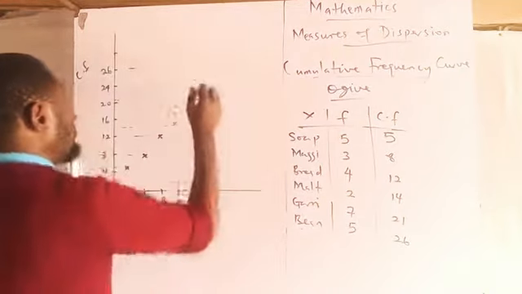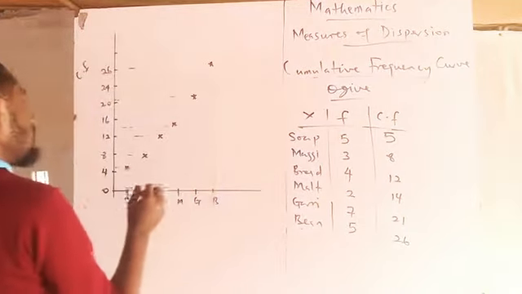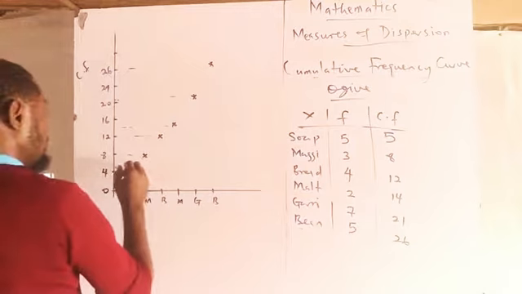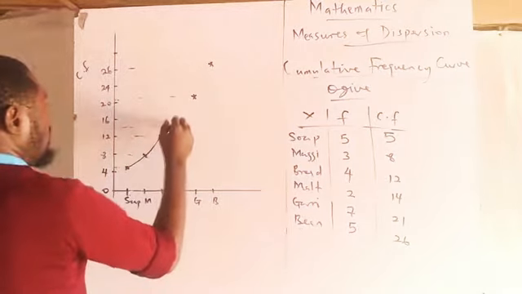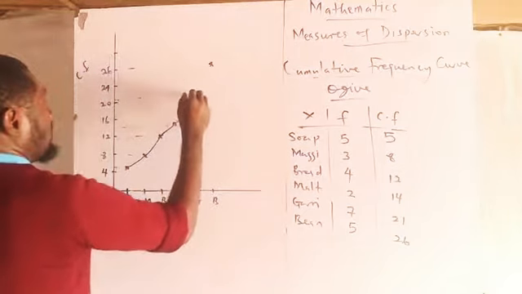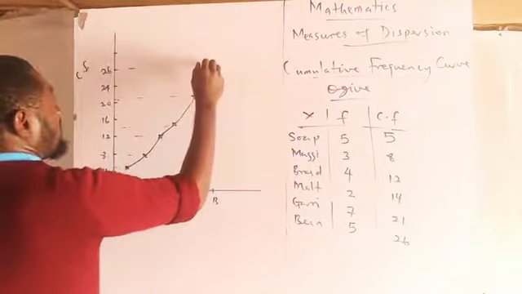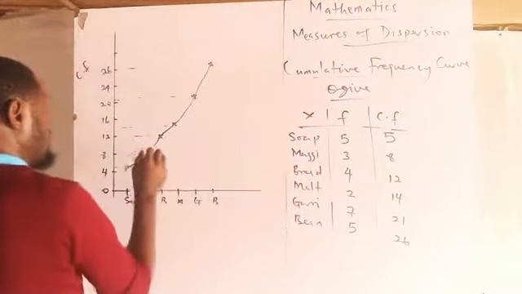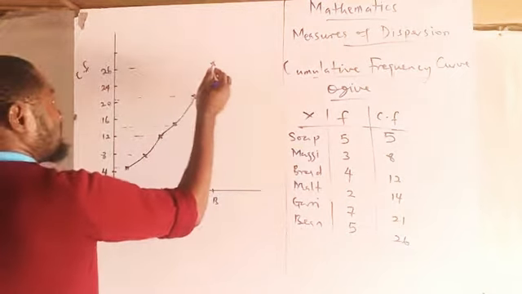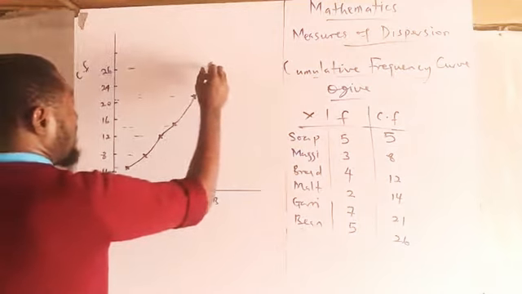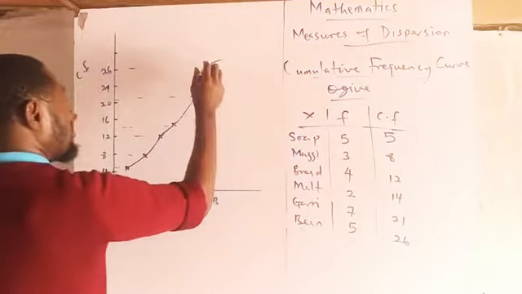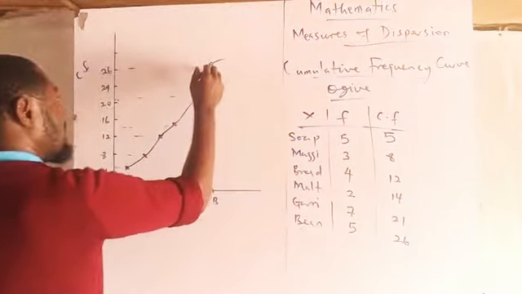There, you have that. So you have to join the points carefully. The curve goes that way and it curves this way. So here's the curve.